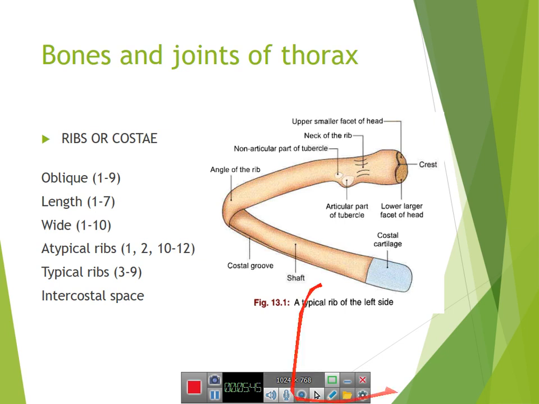Numbers 1, 2, 10, 11 and 12 are atypical ribs, and ribs from 3rd to 9th are typical ribs. And as I said before, the gaps or spaces between upper and lower ribs are called intercostal spaces.